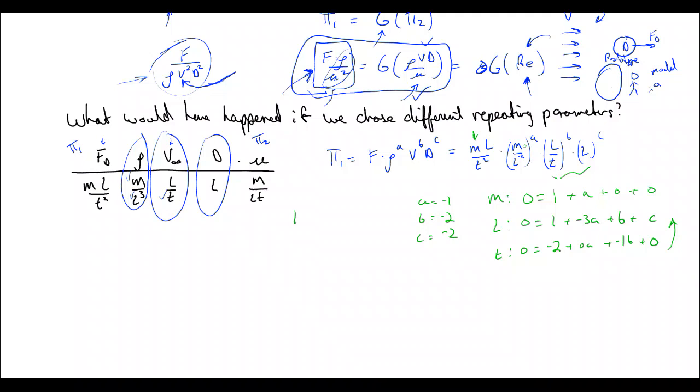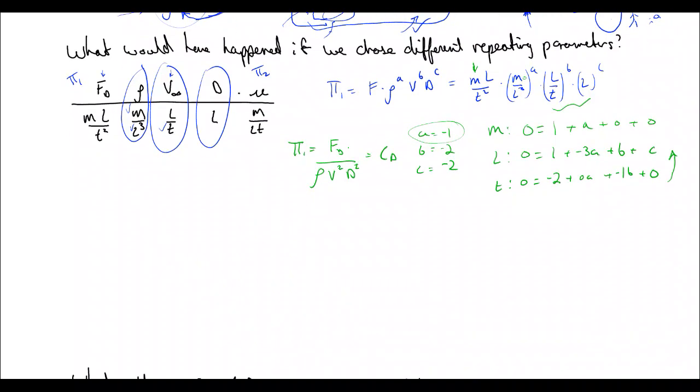So our pi 1 is equal to f drag times rho to the negative 1, so that's over rho, v to the negative 2, so v squared, and d to the negative 2, so d squared on the bottom there, which is our drag coefficient.